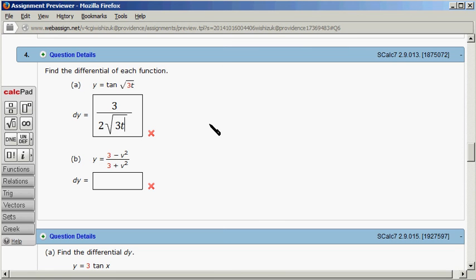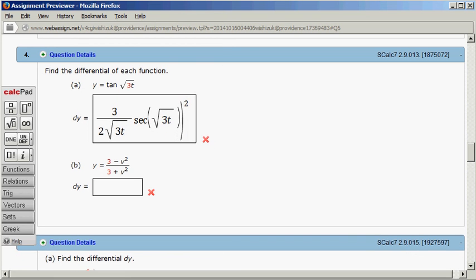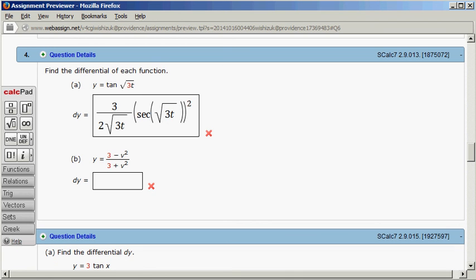Then go over here, and you have a secant of the square root of 3t, in parentheses, but we have to square this, so I need the parentheses and the square. And we have a dt right at the end.